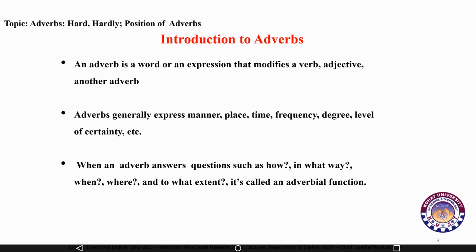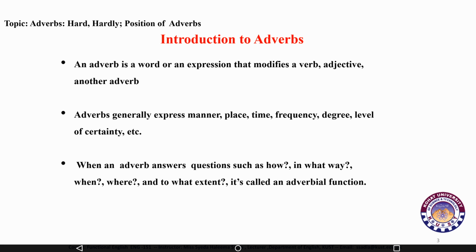When an adverb answers questions such as how, in what way, when, where, like how an action happens, when it happened, where it happened, and to what extent it happened, it's called an adverbial function.